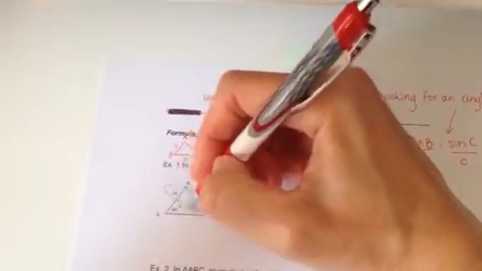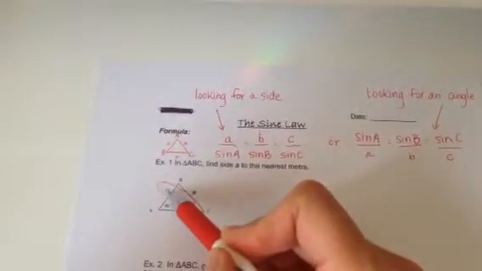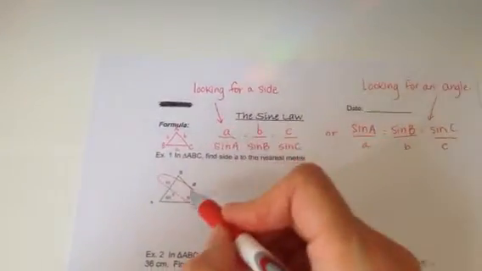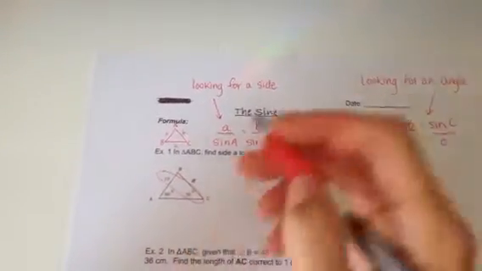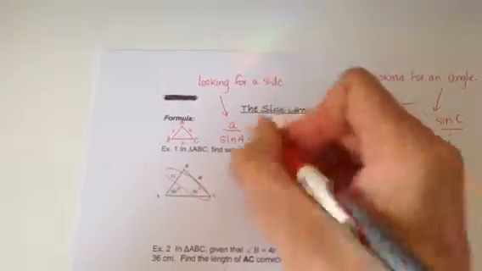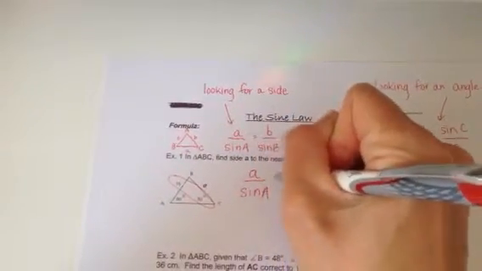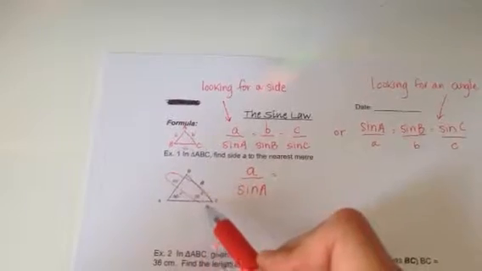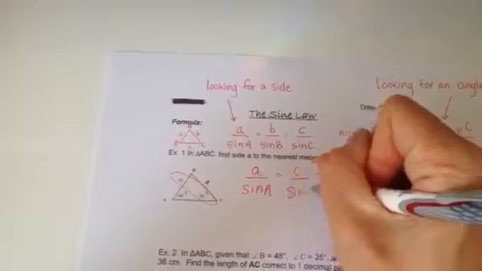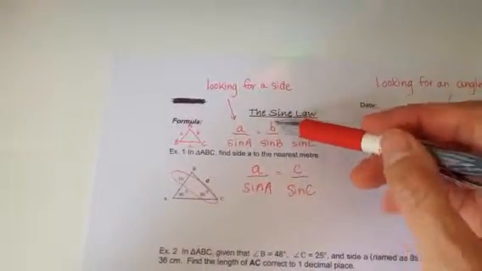So right here you can see that we have the angle of C and the side of C. So we're going to use the C value, and we're looking for side A. If we're looking for a side, we're going to be using this equation here. So A over sine A is equal to C over sine C. We don't have to use the B at all. We don't have that information.